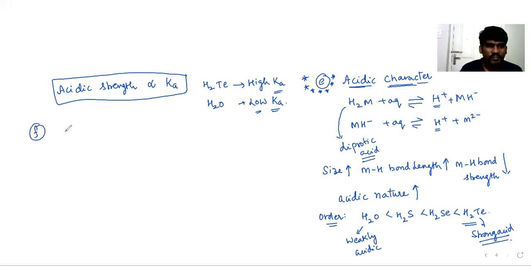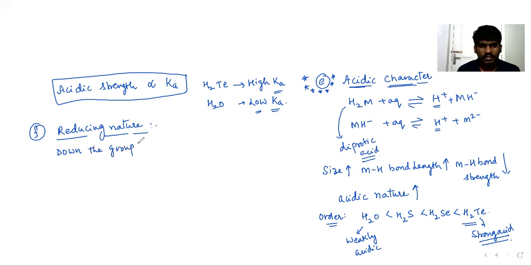Next we have reducing nature. Down the group, reducing nature increases.